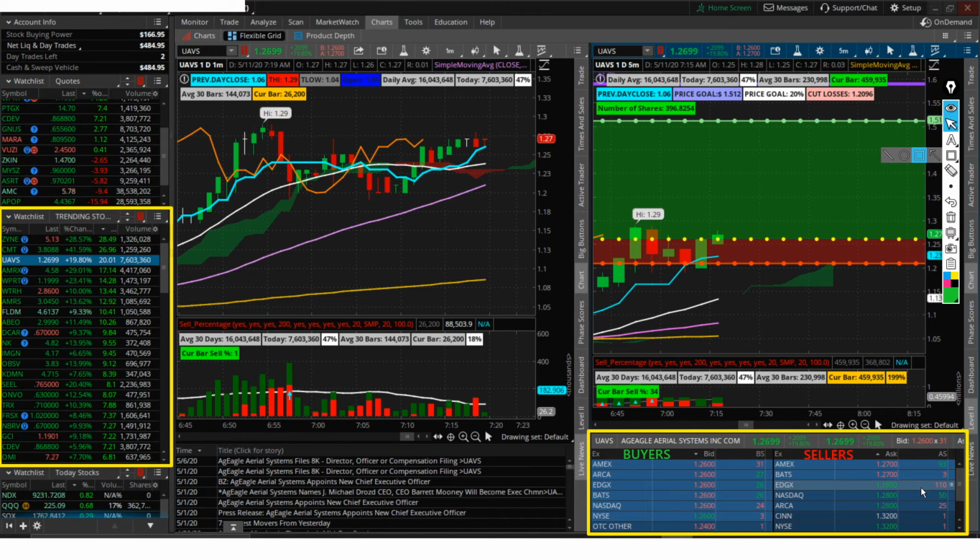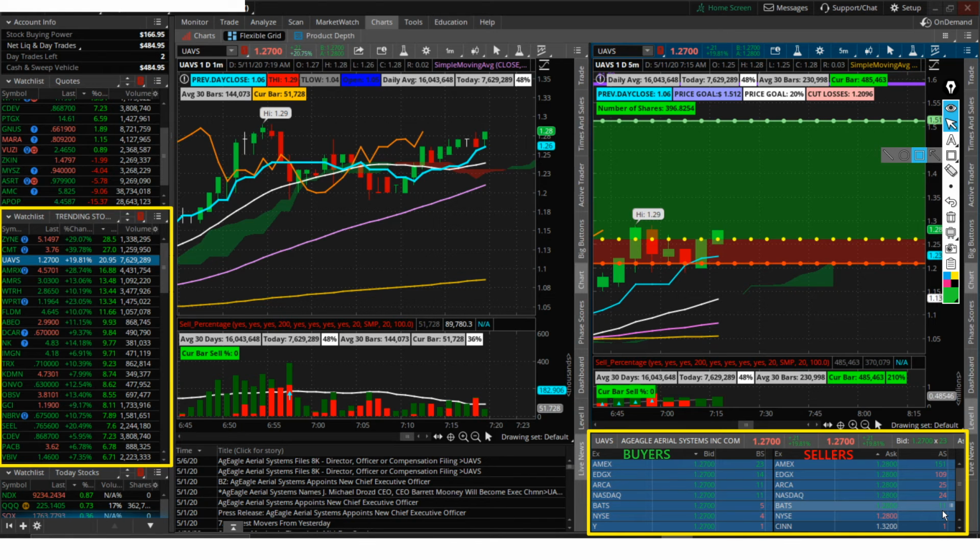So as you can see, at $1.28, a huge seller, 110 shares. Well, that's the asking size of 110, which equals, so every time there's a 1, that's 100 shares, and if there's 146, that's 146 times 100, so it's going to be 14,000 shares that they're selling off.